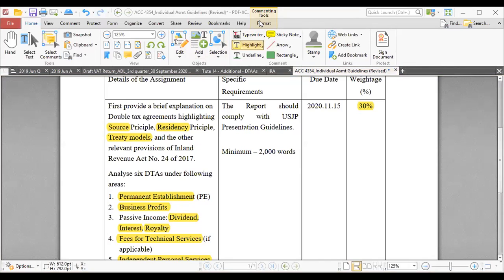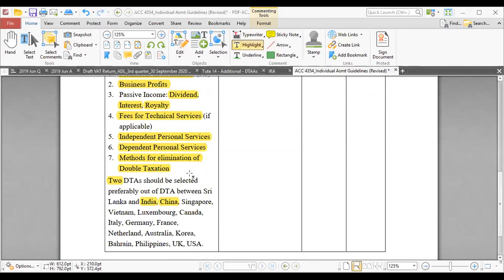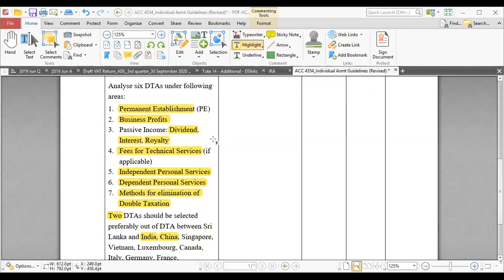Let me share the DTA, and then you can understand what the article is. Before you do this, you definitely need to download the relevant DTAs. If you want, you can request in the group whichever DTAs you need.